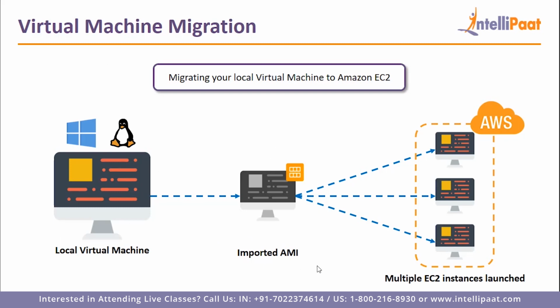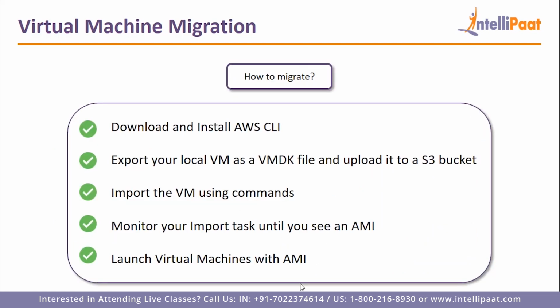Now we'll see what steps it takes to create this. First, you'll need the AWS CLI, so you'll have to download and install it. I already have it installed. I'll show you where to download it, but I'm not going to install it again. Then export your local VM as a VMDK file and upload it to an S3 bucket. After this, we'll use import VM commands in the AWS CLI to import the virtual machine to AWS.